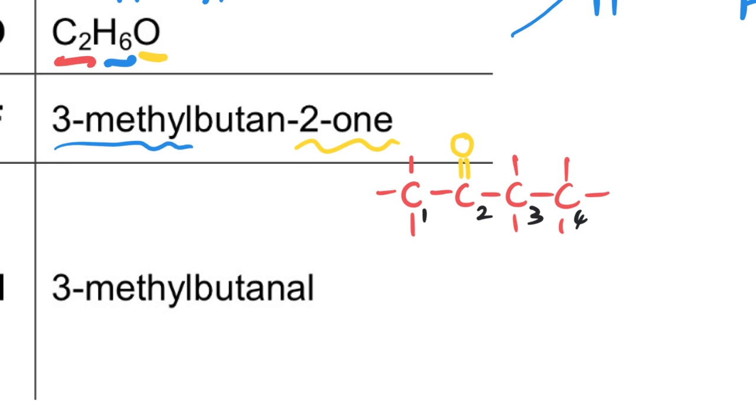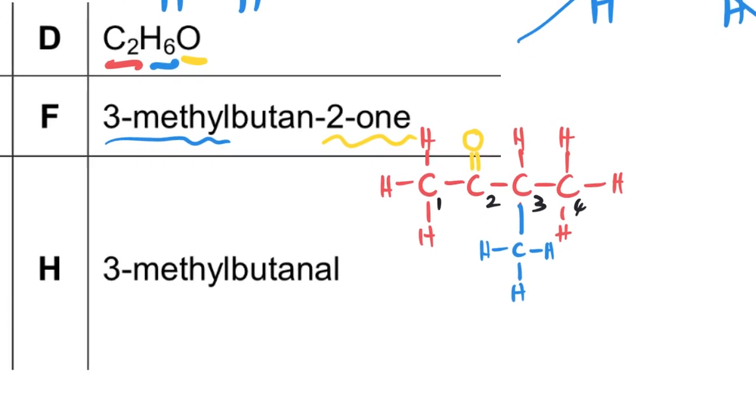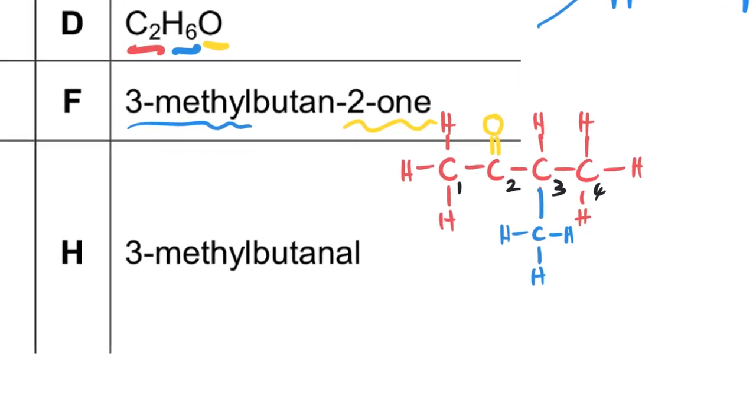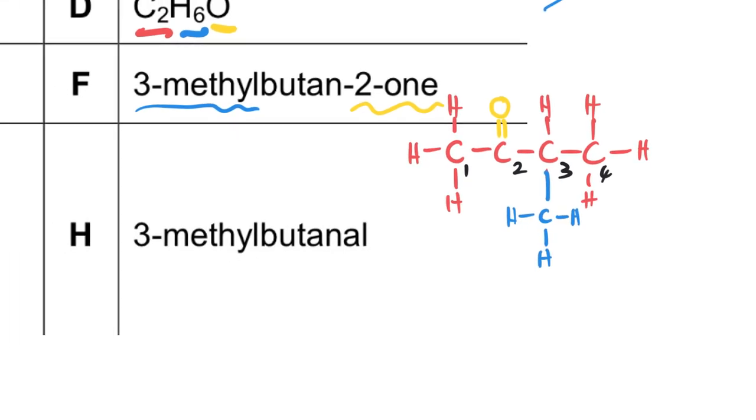So we go to carbon number 3 and we add a methyl group. And then we fill up with hydrogens. So we have hydrogens there, and there, and there, and there, and there. And so that is 3-methyl-butan-2-one.